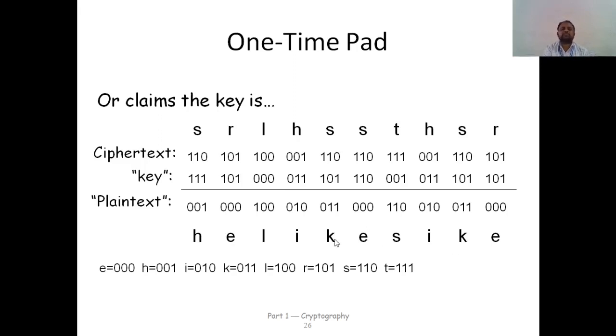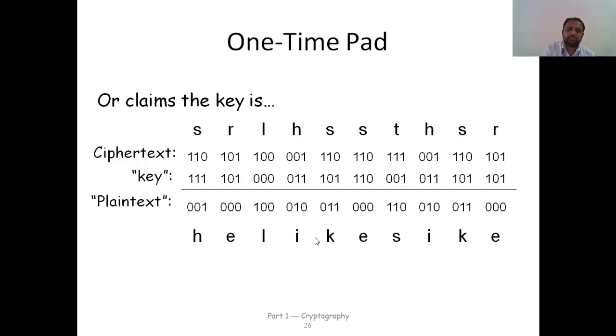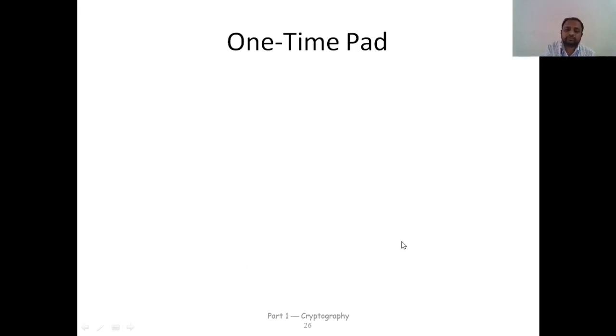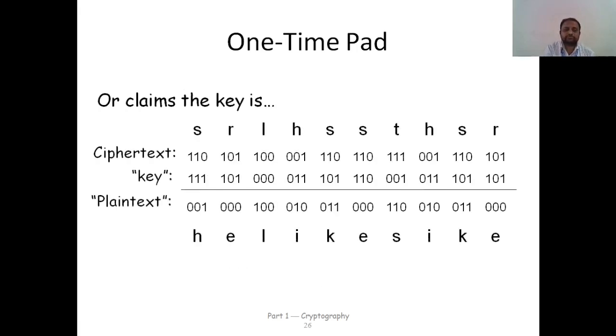This is another plain text, but the agent decides that this is not the plain text, and the earlier one, what he decided, he assumes is the original plain text.